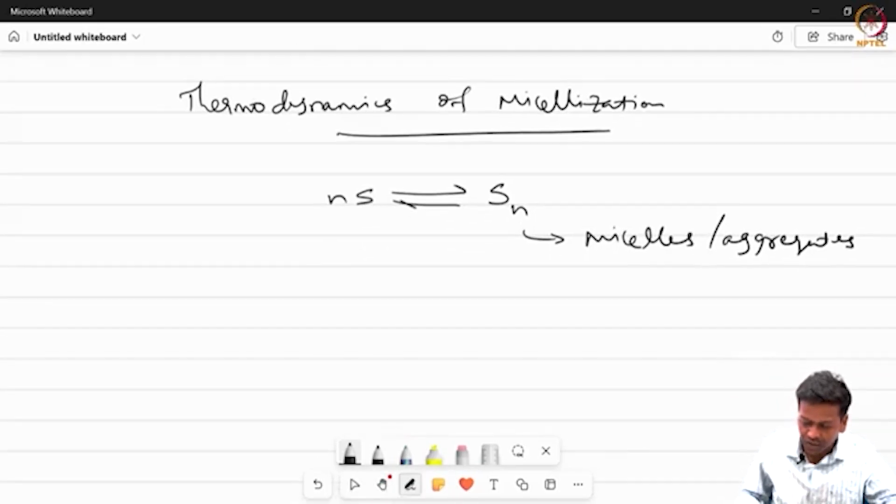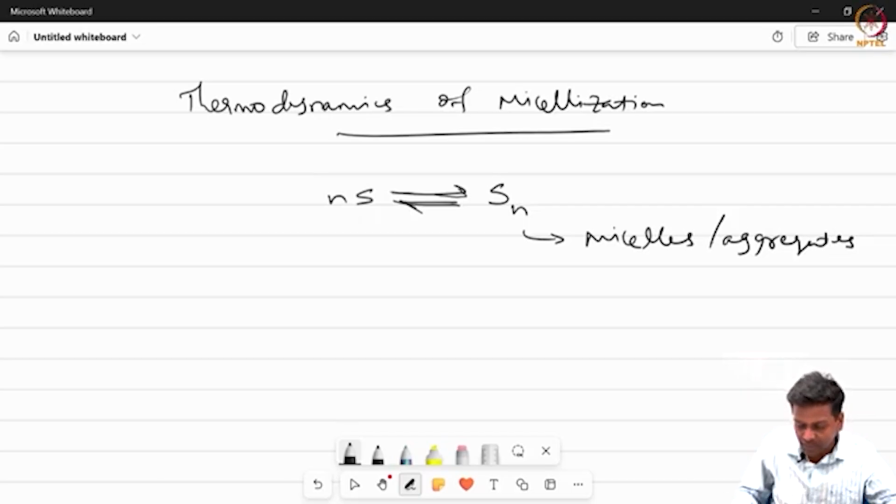So we can use this representation. We use this equilibrium notation because this process is an equilibrium process. At equilibrium, we know that whatever you add further goes into the bulk, right? And the rate at which monomer goes into the bulk and monomer from the bulk goes into the interface, both are the same.